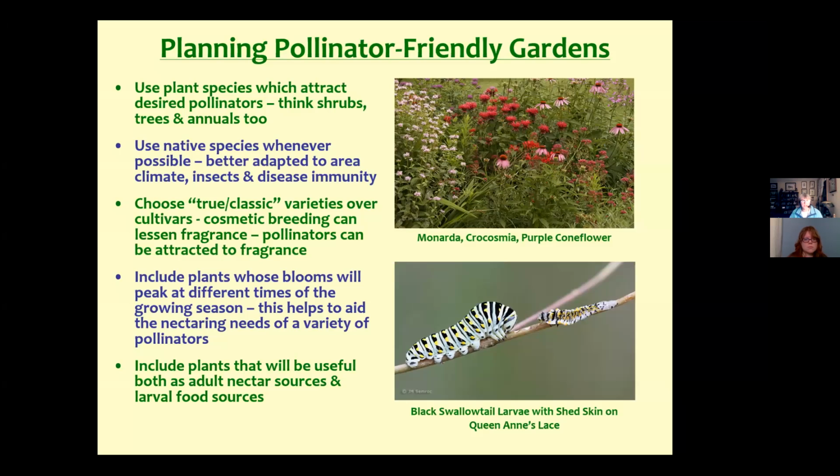You want to include plants whose blooms will peak at different times of the growing season. For example, those plants that come out in the spring, what we call spring ephemerals, are out and blooming for a variety of reasons. Number one, a lot of the leaves aren't on the trees yet, so they can get more sun for photosynthesis. But a lot of it has to do with the species that can pollinate them.